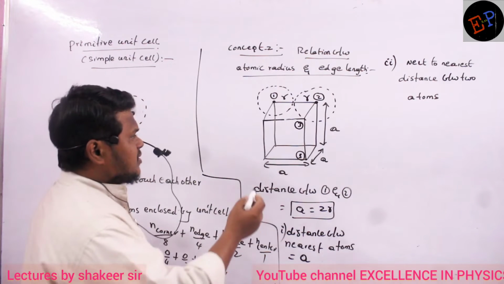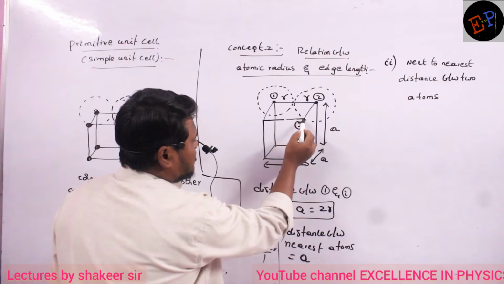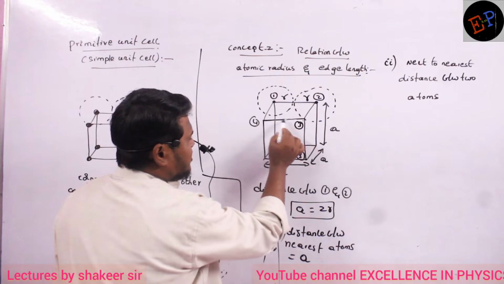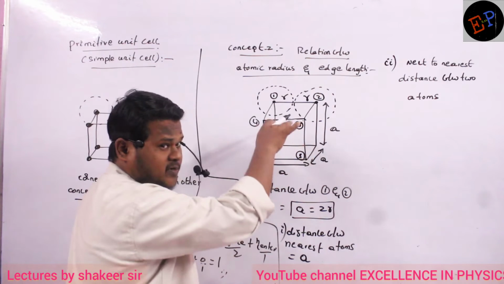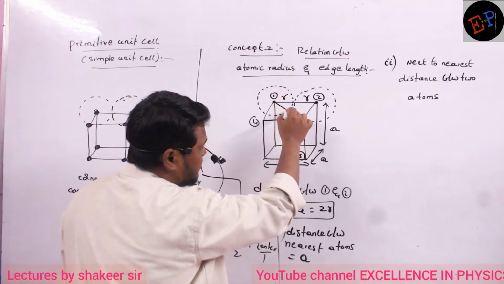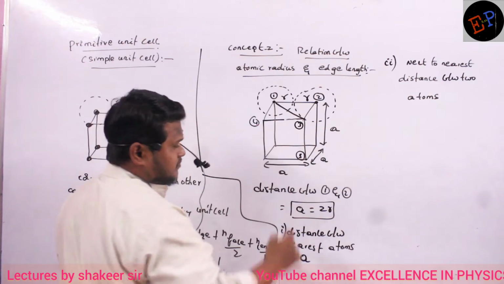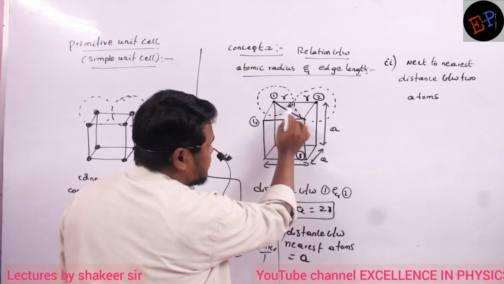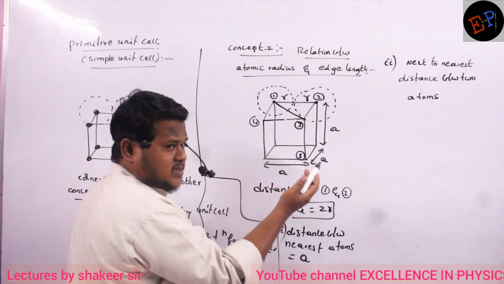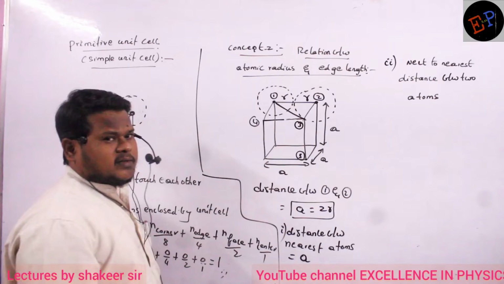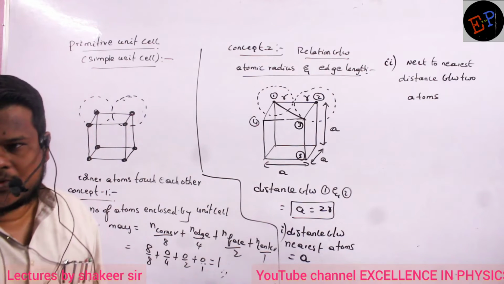These 4 points, 1, 2, 3, 4, are the points present on a single face. So if I take the distance between 1 and 3, that is the face diagonal. After the distance between 1 and 2, which is the least distance, the next least distance is definitely the distance between 1 and 3 only. Are you able to understand?